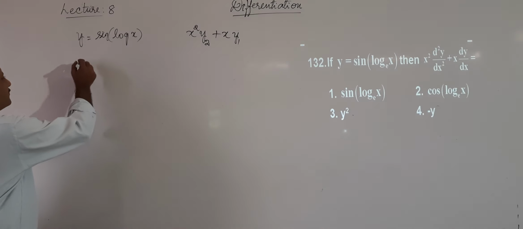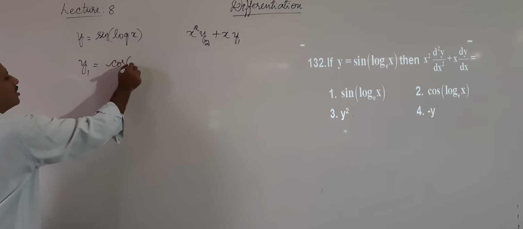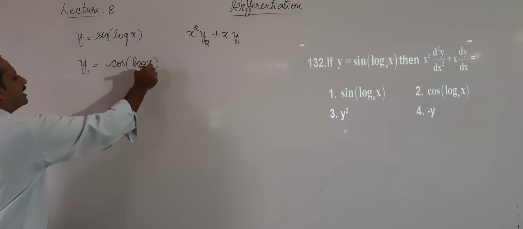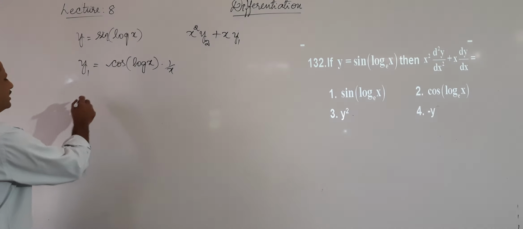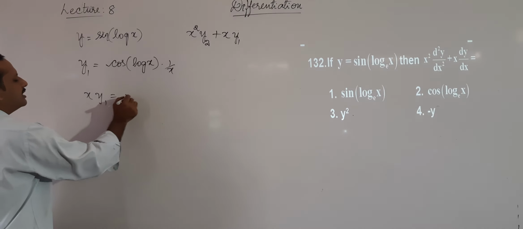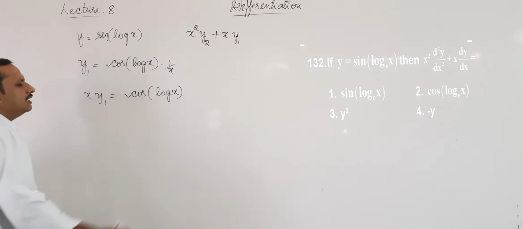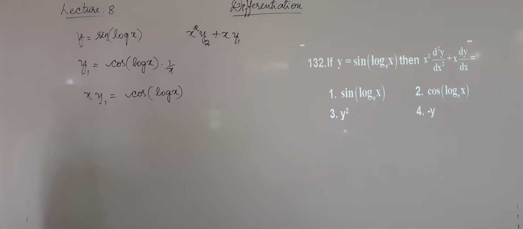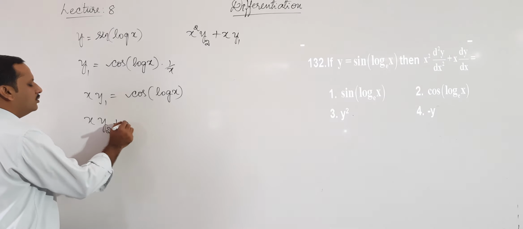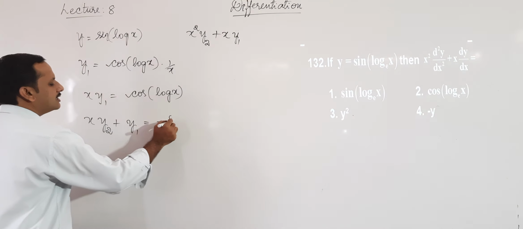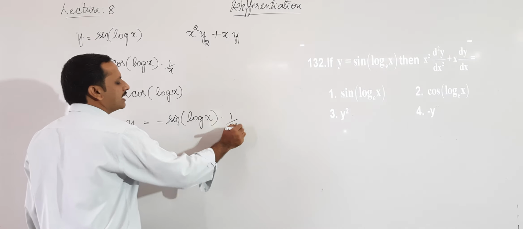Differentiate once. We get y1 is equal to derivative of sin log x is cos log x into the derivative of log x, which is 1 by x. Now cross multiply, that will give you xy1 is equal to cos log x. Now again differentiating with respect to x, that will give you xy2 plus y1 is equal to minus sin log x into 1 by x.